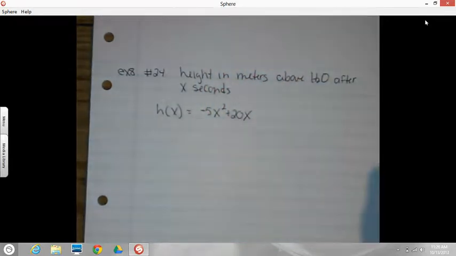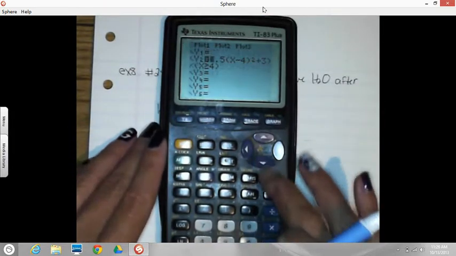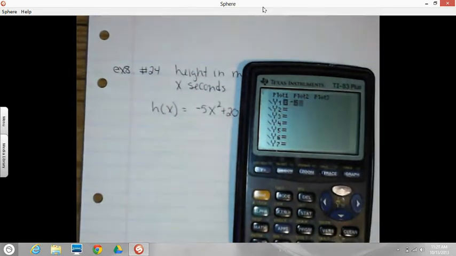And I do think it's a good idea to take a quick look at the graph. Where negative 5x squared plus 20x.